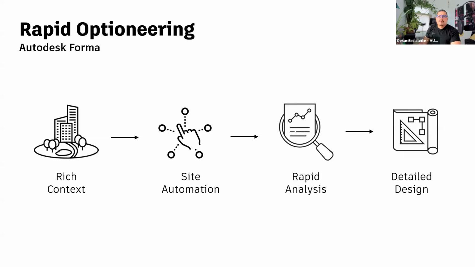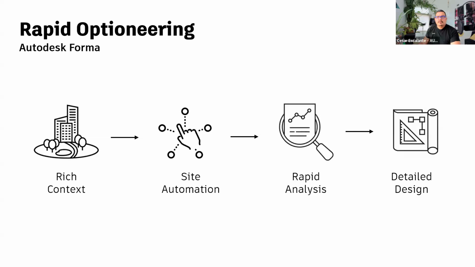All right, so Forma provides you with a solution by automating the project setup. It gives you access to instant rich site context. This includes terrain, property lines, site context, roads, eliminating the need to manually input this in early stage design.